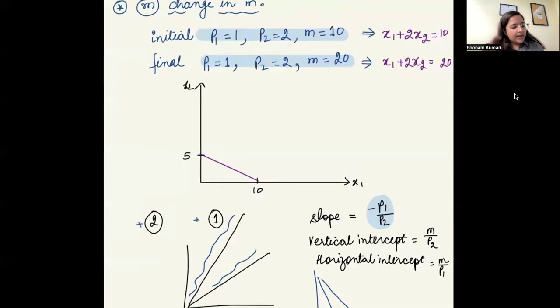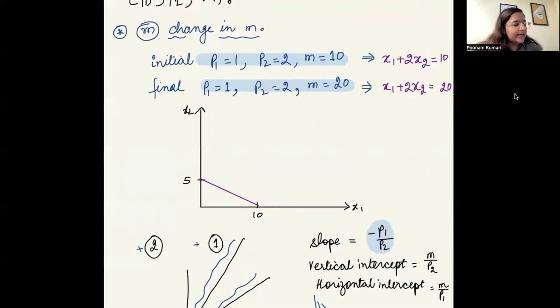So this was my first budget line. Now how do I plot my second budget line? Tell me, when this is 0, what happens to x1? 20. 20, very nice. So I will put 20 here. And when this is 0, what is x2? 10. So I will put 10 here.